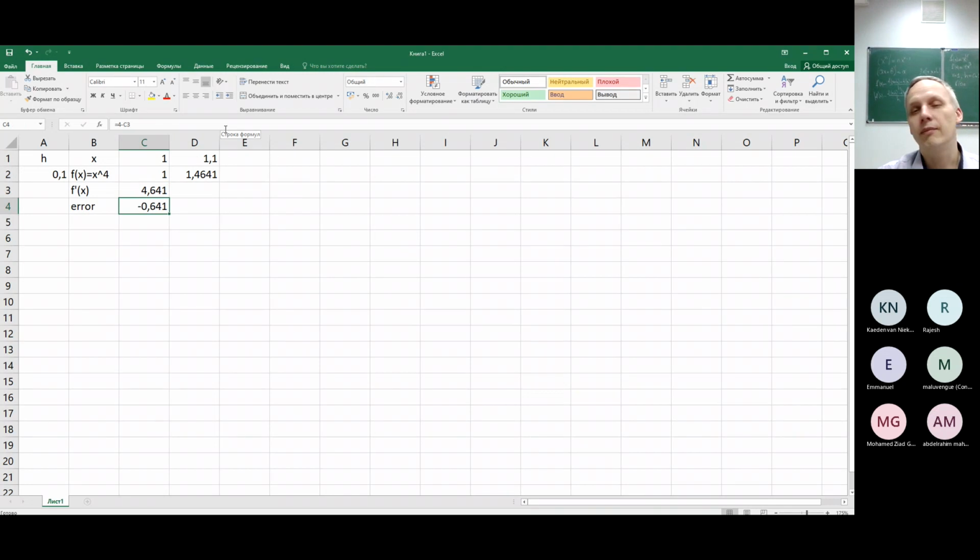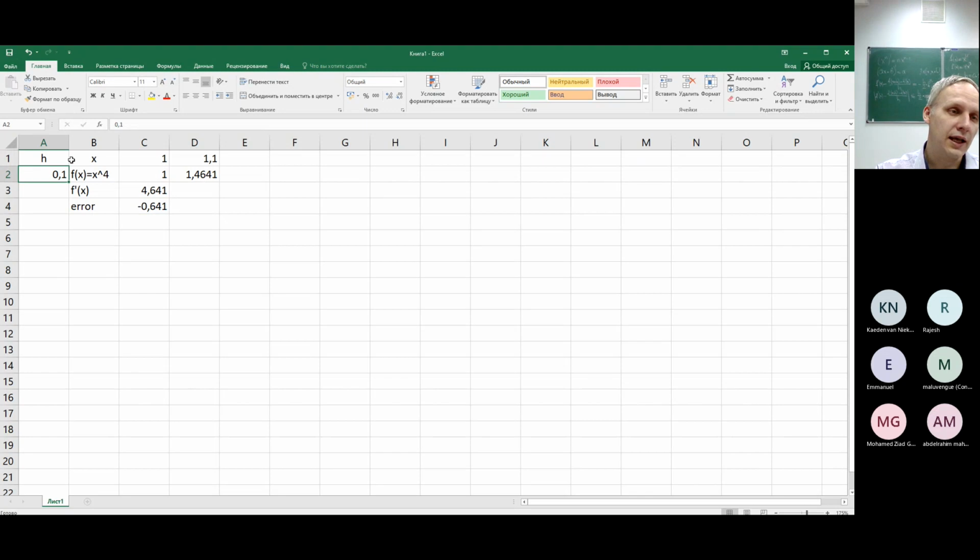The error is minus 0.6. It's not very large, but it's not very small. In the best case, the error must be 0 when we obtain the correct value.